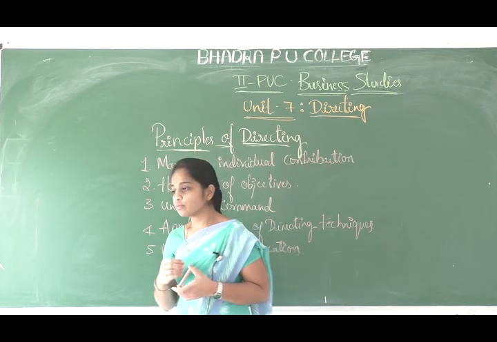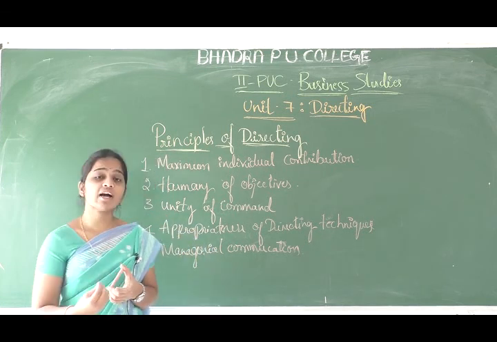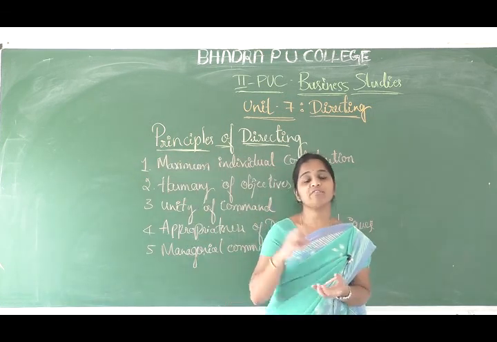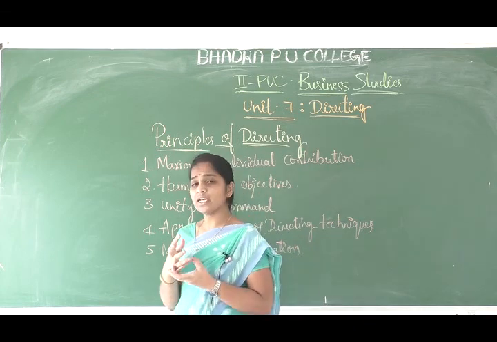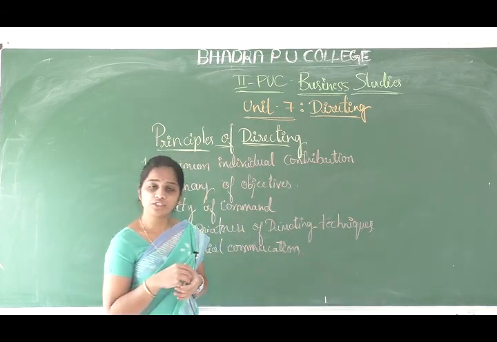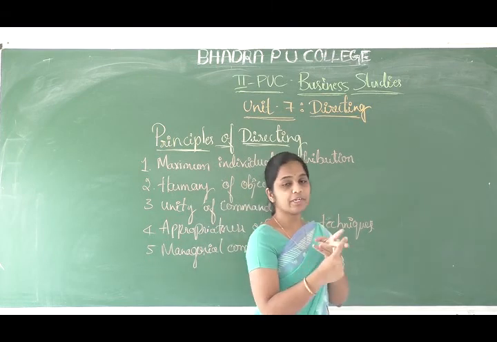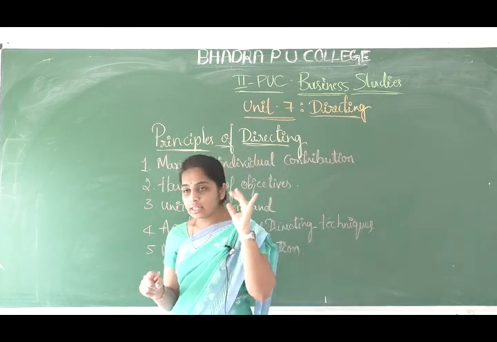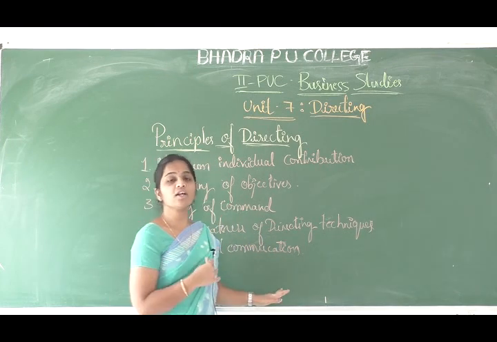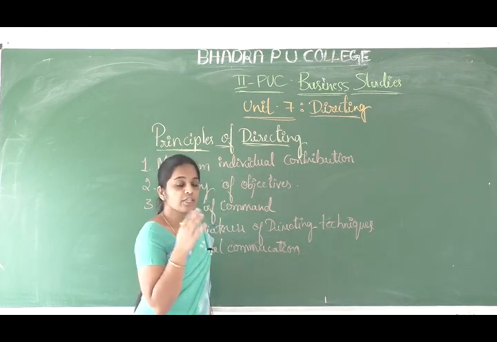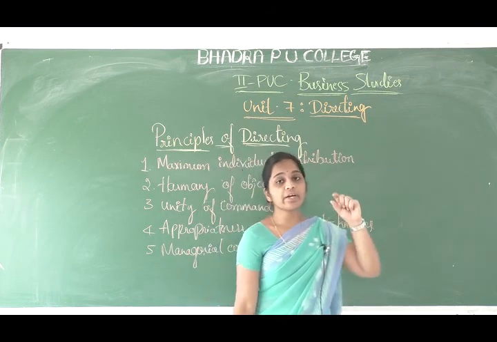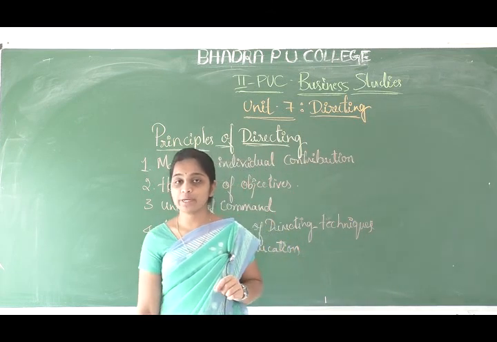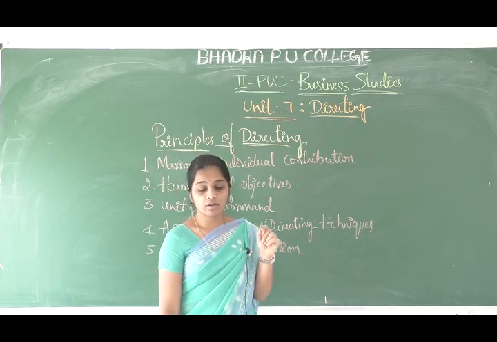Okay, so when is direction effective? As you know, in our organization there are 3 levels of management, right? Top level, middle level and lower level. Okay, so in this principle what they are going to state is that there should be a proper communication across the levels of management, for what purpose?